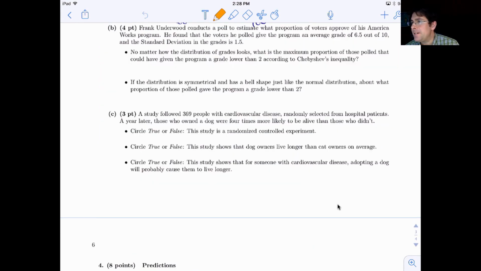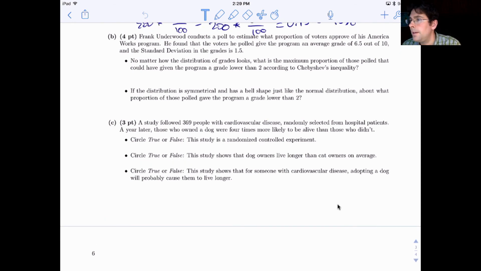Okay, Frank Underwood conducts a poll to estimate what proportion of voters approve of his America Works program. He found that voters he polled give the program an average grade of 6.5 with a standard deviation of 1.5.